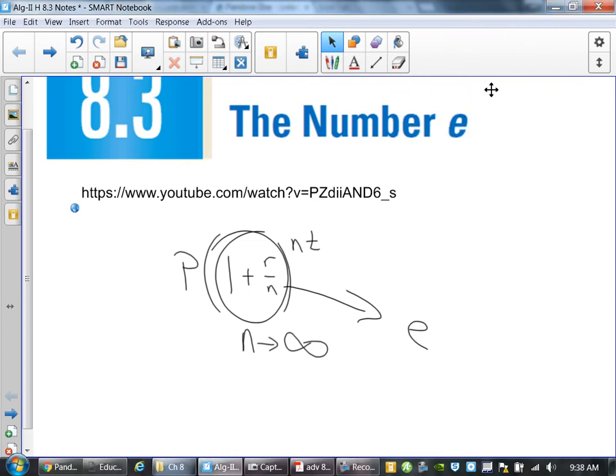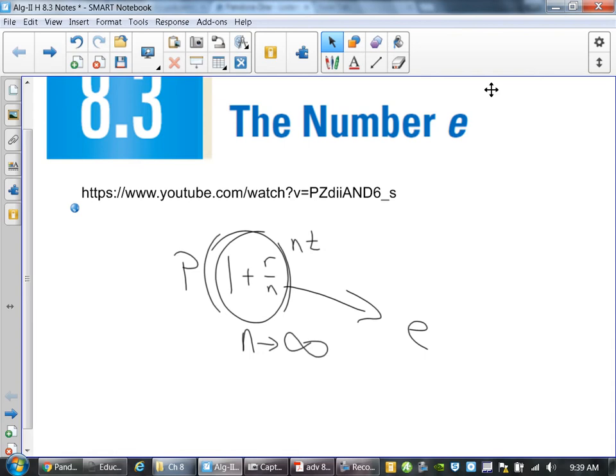Remember how yesterday we had compounding interest where it was quarterly, daily, and so on? The more that your interest is compounded, the more that it approaches this. What they call that is continuously compounding interest. We'll go back to the word problems for stuff like that at the very end. There's a different formula for a compounded certain amount of times versus a continuously compounded problem.